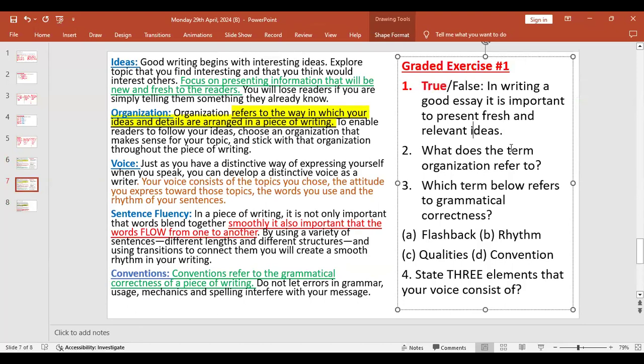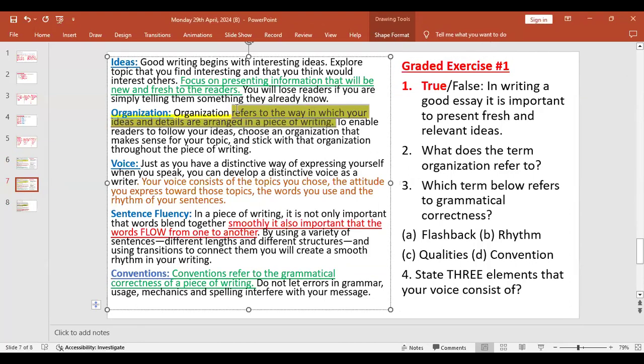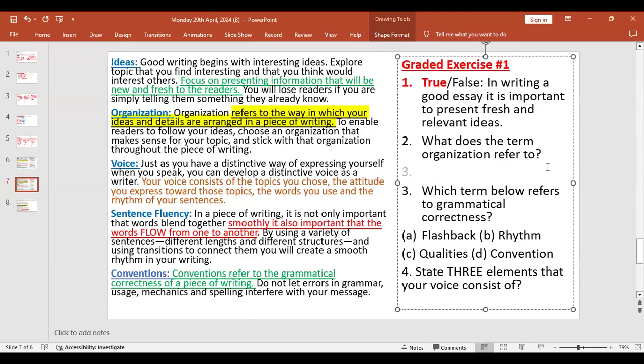Number 2, what does the term organization refer to? Amaranik, what would you put for number 2? It refers to the way your ideas and details are arranged in a piece of writing. Very good.